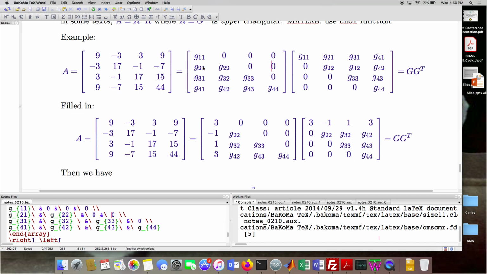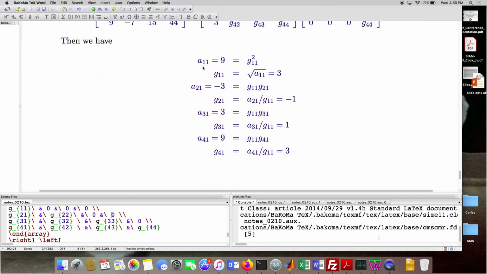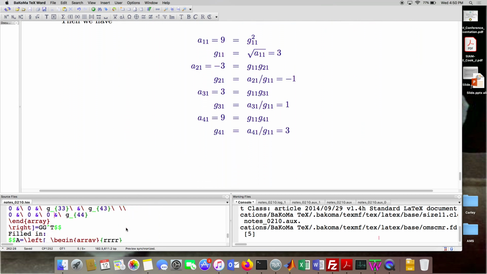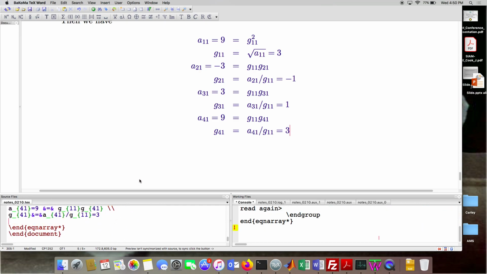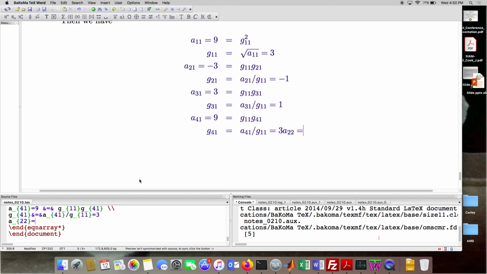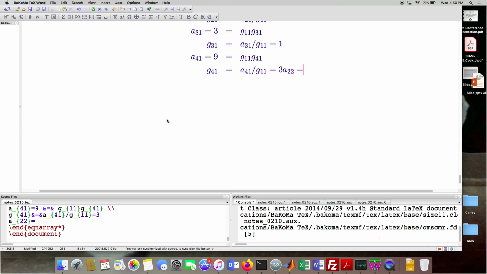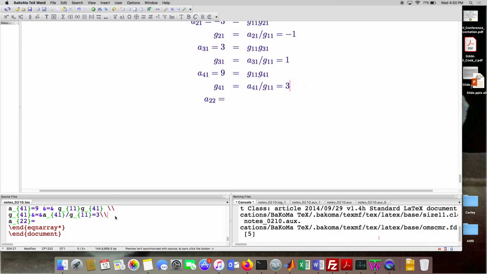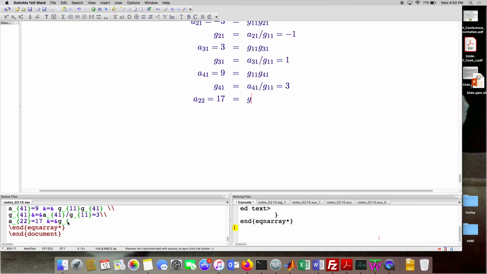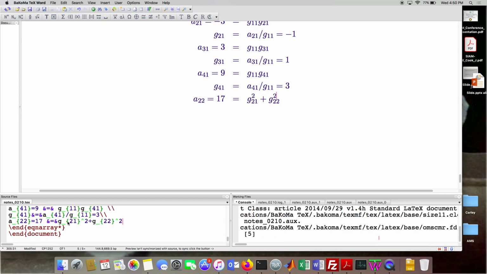So diagonal entries are always equal to a sum of squares of entries of G. So what that gives us is A22, which is equal to 17, so that's equal to G21 squared plus G22 squared.